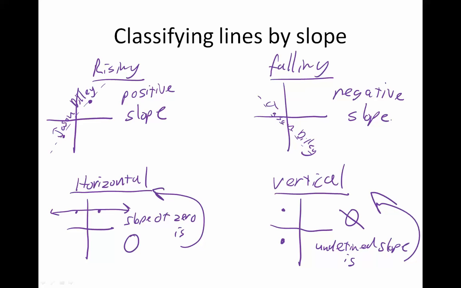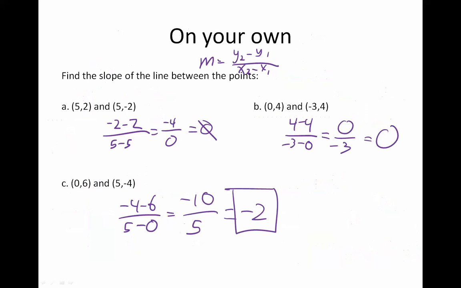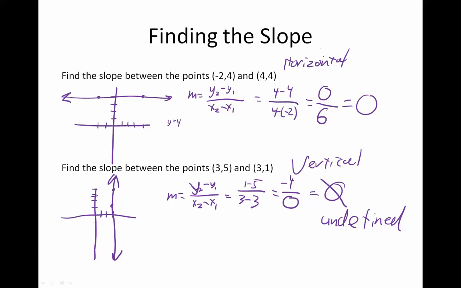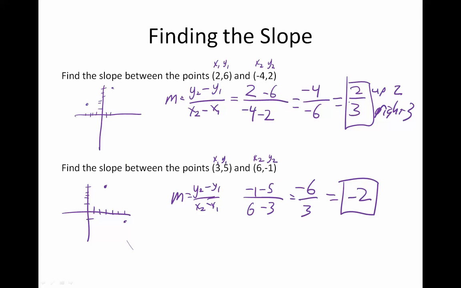So we can go back and look at some of our previous examples to say, what is this? Well, this is undefined, so it's a vertical line. This one's 0, so it's a horizontal line. This is a negative, so it's a falling line, right? We've got a horizontal and a vertical. This is a positive, so it is a rising line.